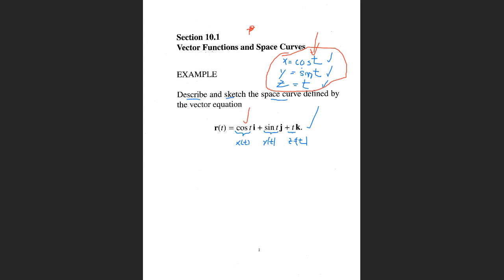I notice there's a cosine and a sine in two components of the space curve. What might that tell you about the behavior of the space curve? How it's traveling as t grows?